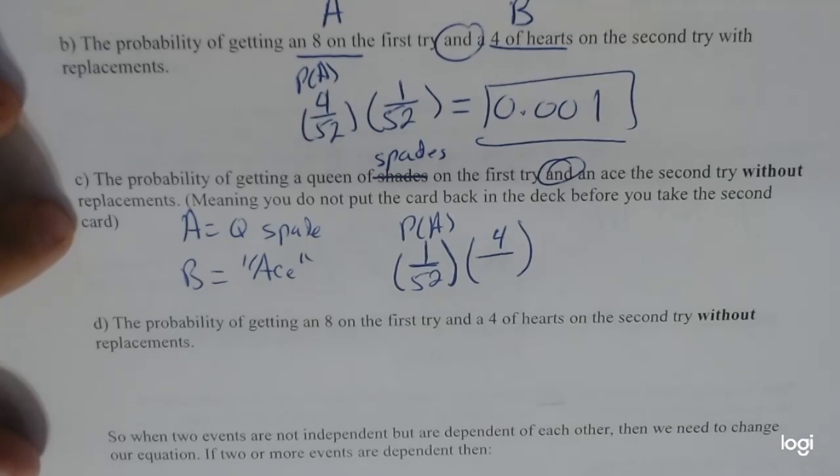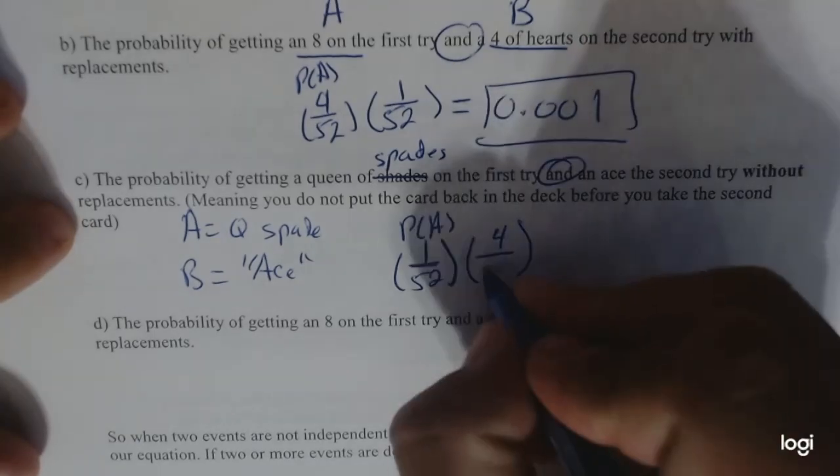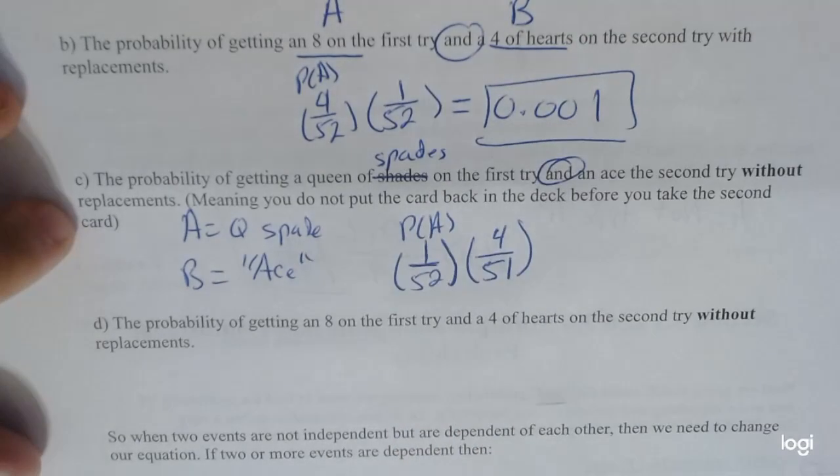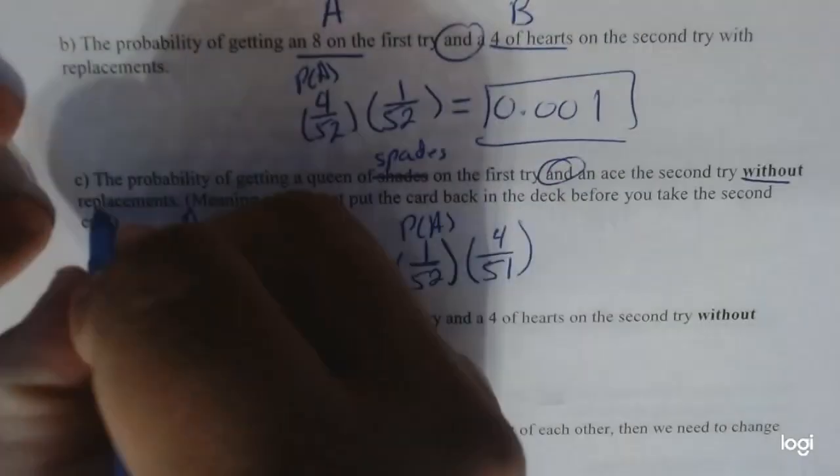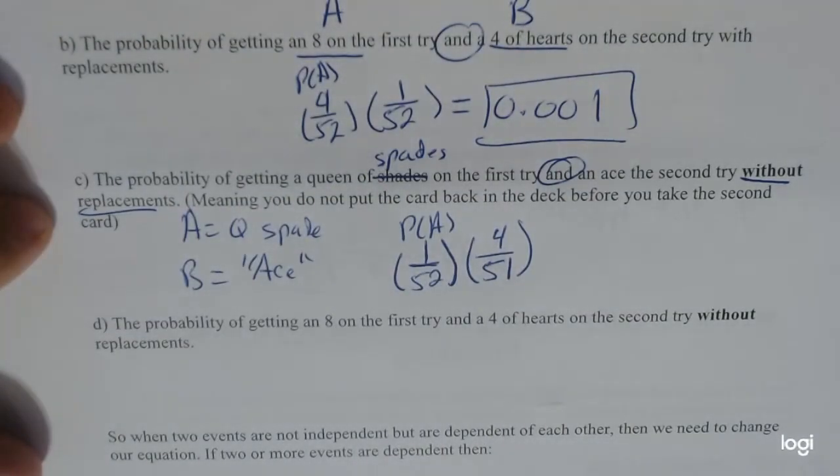I don't put it back in the deck, which means how many total cards do I have left over? It should be a total of 51 left over. Does that make sense? There's one less card because one's on the table, not back in the deck. So that's interesting. It says without replacements, so this changes a little bit. Now this would be 1 over 52 times 4 out of 51 this time.